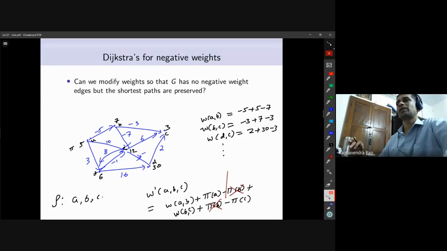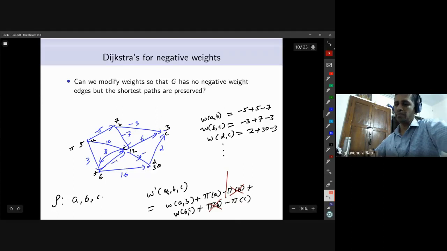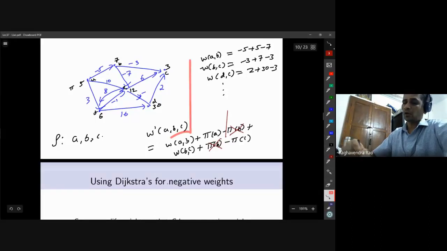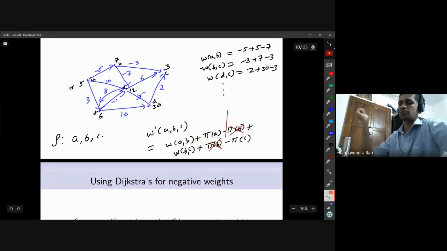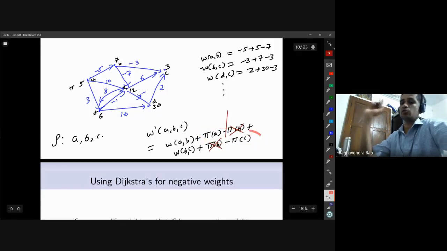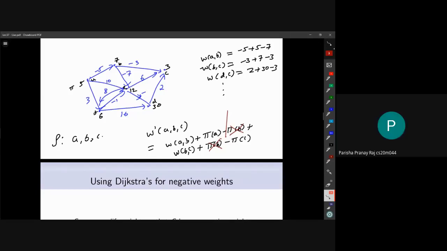Then the shortest path will remain the same. For any a to c path, the new weight of the path will be the weight of the original path plus this difference, pi a minus pi c. This difference is uniform for every fixed source and destination, because of this telescoping sum being constant.